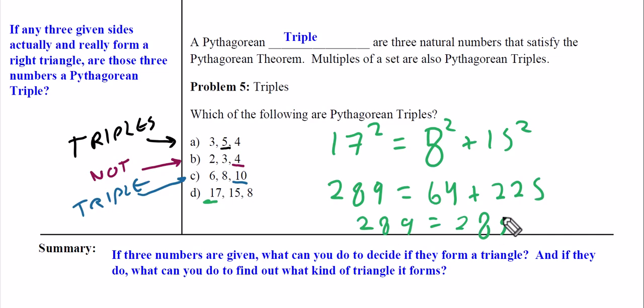So we have three whole numbers, and they happen to be equal. When I do the Pythagorean theorem, it checks out. So by me setting up the Pythagorean theorem and it being equal, that's what it means to satisfy the Pythagorean theorem. To satisfy the Pythagorean theorem means I plug the numbers back into the right spots, and it actually checks out and is equal. So this is a triple.